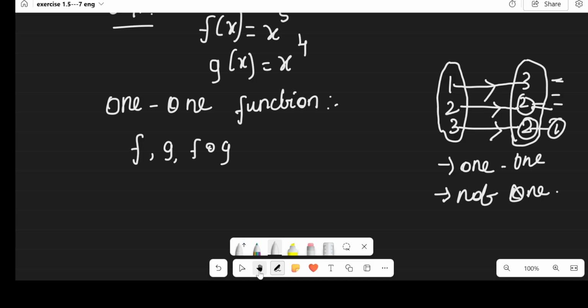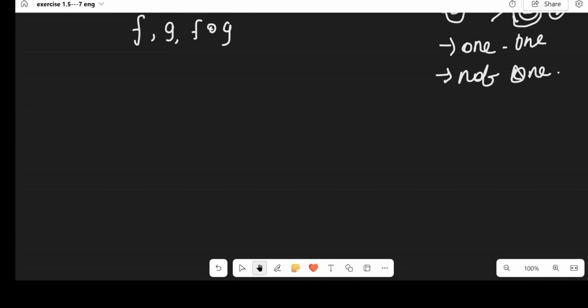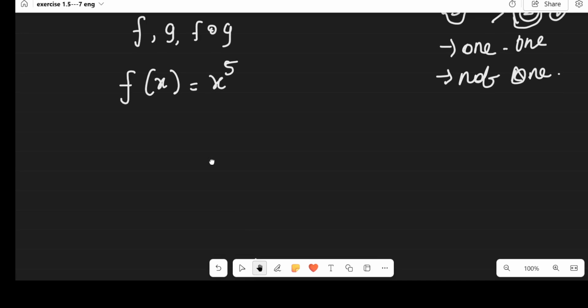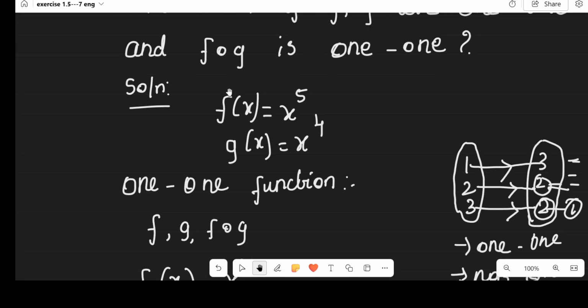So now we have to check whether f is one-to-one or not. For that, it's already given f of x equals x power 5, right? So what I'm going to do is give different values for input.